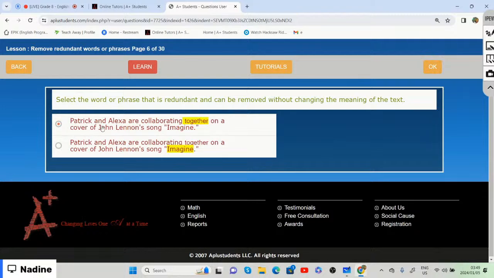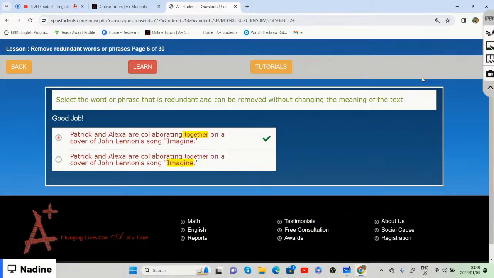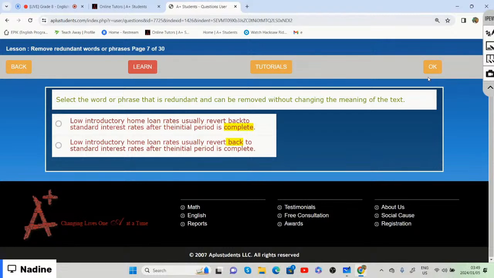For example, Patrick and Alexa are collaborating on a cover of John Lennon's song Imagine. So we are going with the first option because if we remove the word together, the meaning of the text won't change. But well done for trying.